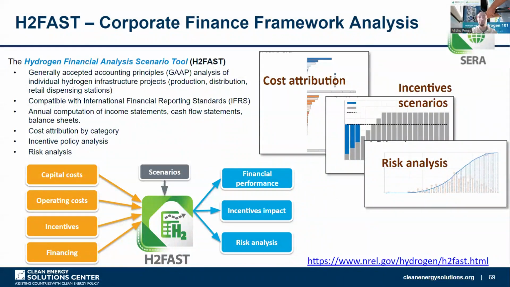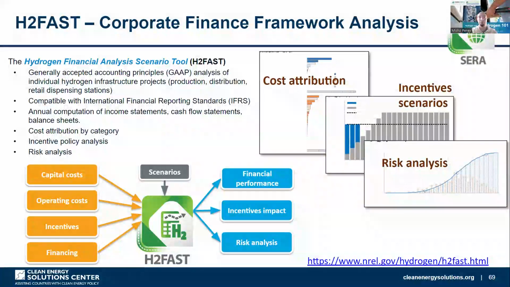The model is free to download, and also it has about 2 or 3 hours worth of video recorded instruction on how to use it. So people that want to have more nuanced analysis, they can do that. It provides additionally some risk analysis. Some of the inputs for techno-economics have uncertainty associated with them.